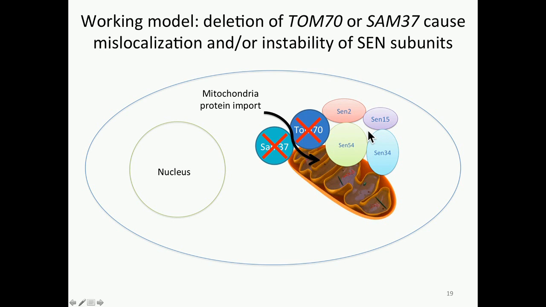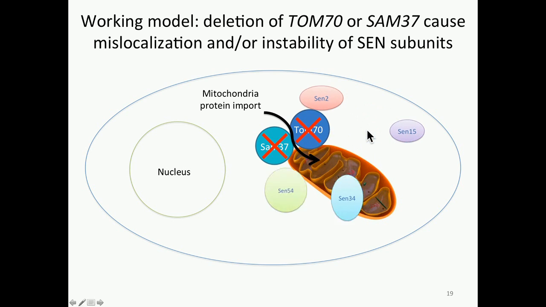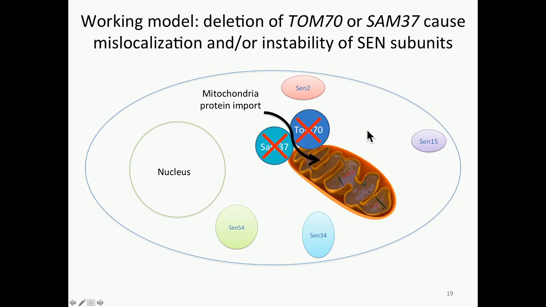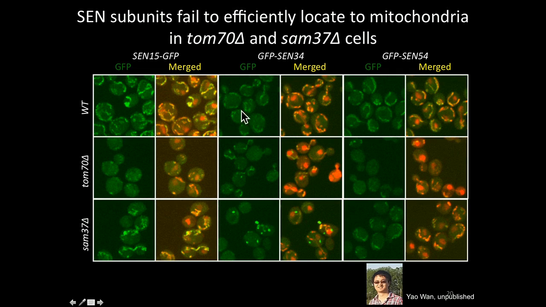And so when these proteins are absent from yeast, then perhaps the splicing endonuclease does not efficiently assemble on the surface of mitochondria. So to test this model, we endogenously tagged the Tom70 and Sam37 proteins, and they're totally active.